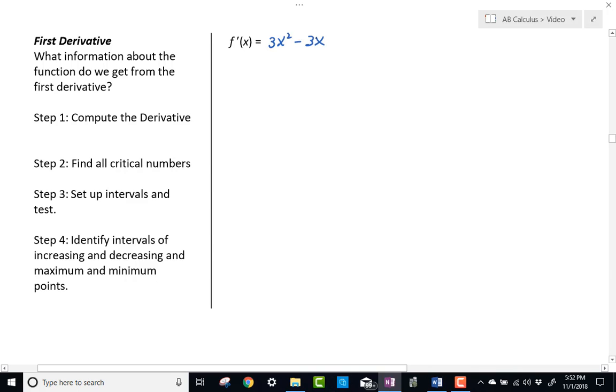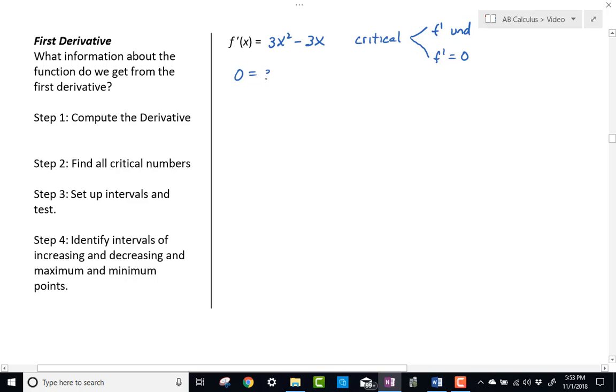So now I want to look at my first derivative, and I want to look at critical values. Again, critical values are where f prime is undefined. This is a quadratic function, so there's no place that it's undefined, so I don't have to worry about that. And where is f prime equal to 0? We'll set it equal to 0.